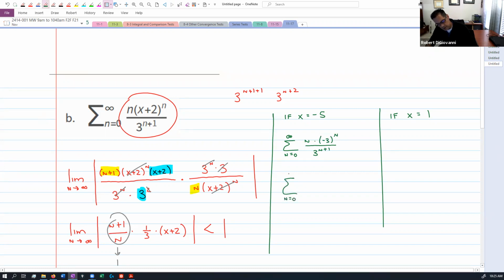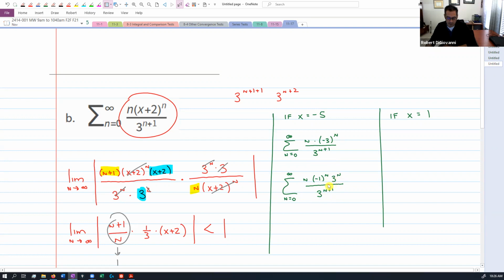Sum n equals 0 to infinity. I'm going to break the -1 off the 3. The reason I did that is because I realize I have a 3 to the n+1 on the bottom. So it'd be really nice if I had a 3 to the n instead of negative 3 to the n. So I just split it up. And now these two simplify, don't they?